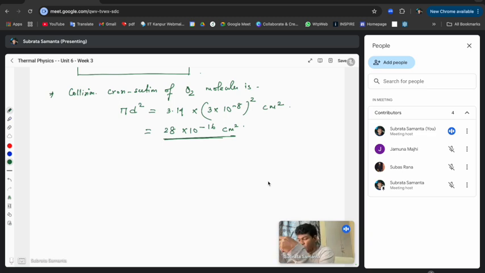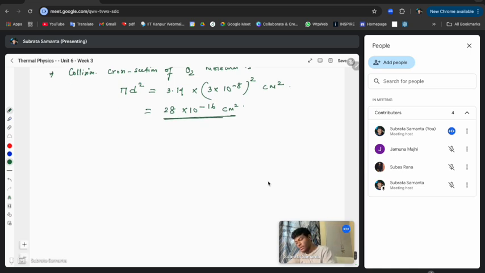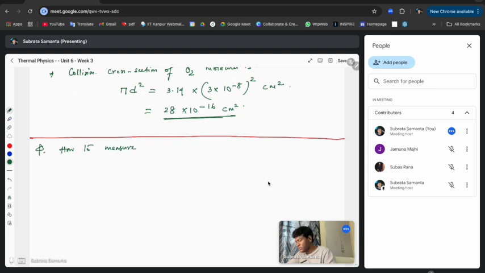In various problems you see that the thermal conductivity is given, but how is it measured? So let's do a problem on it. The question is: how to measure thermal conductivity?